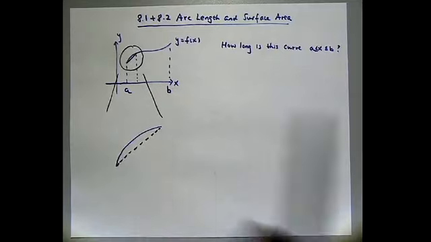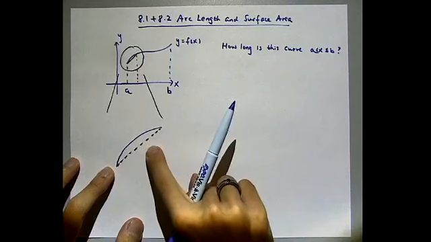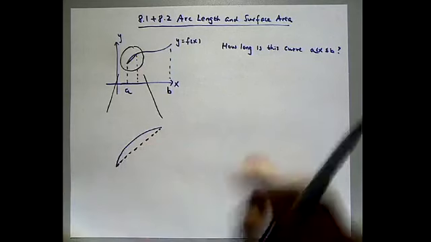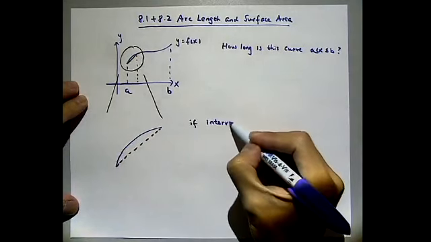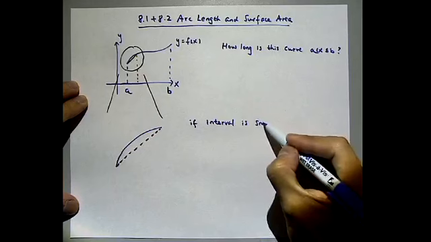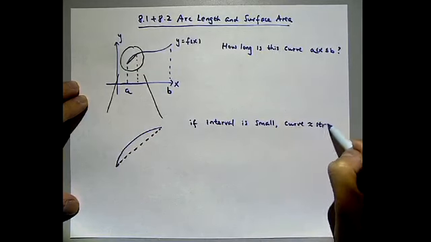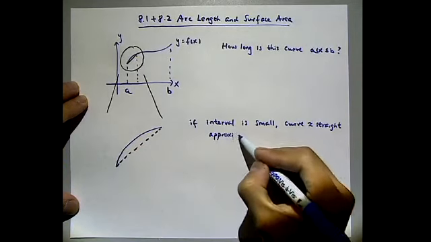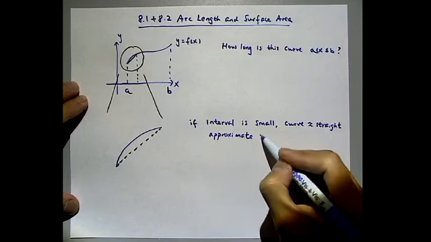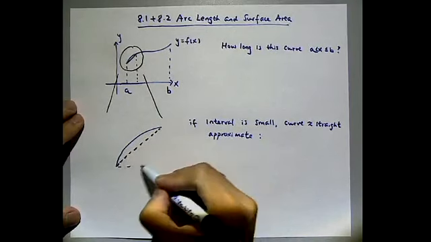And if the interval is short enough, then this curve will be almost a straight line, and we can approximate the length of that by using a straight line. Right? So how do we approximate that?